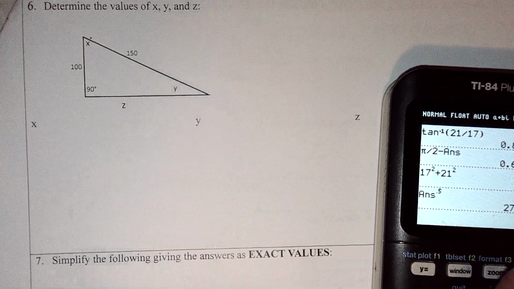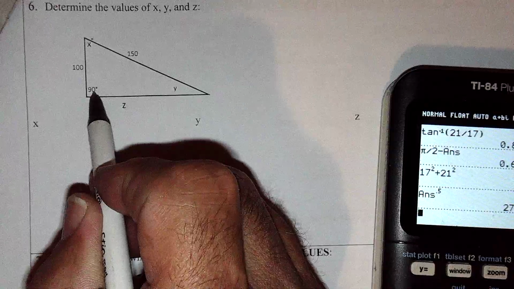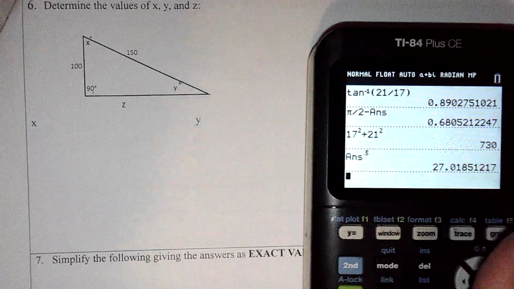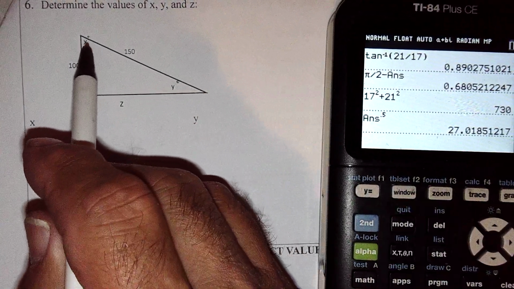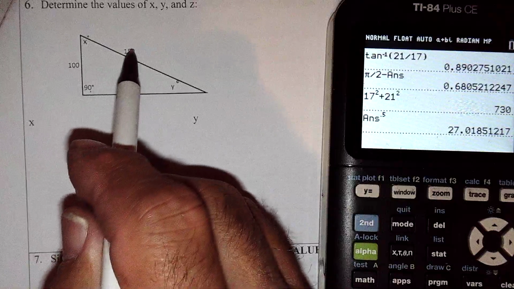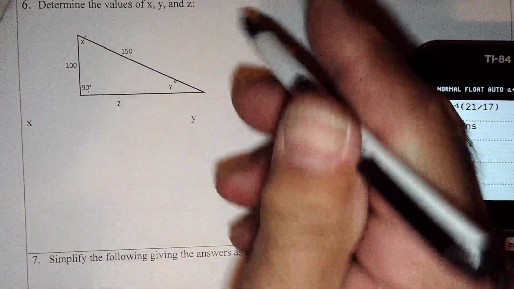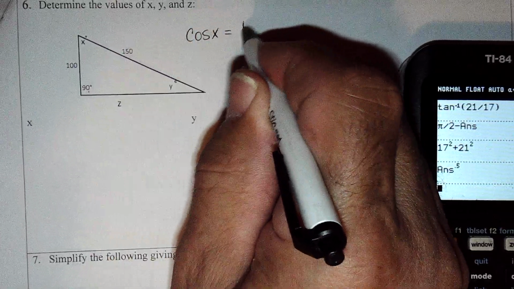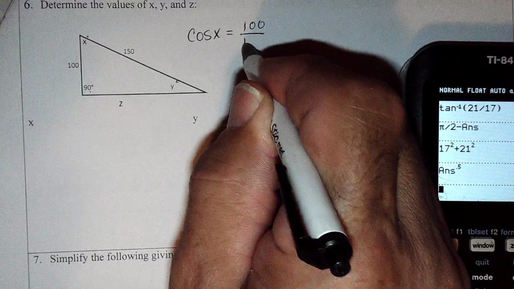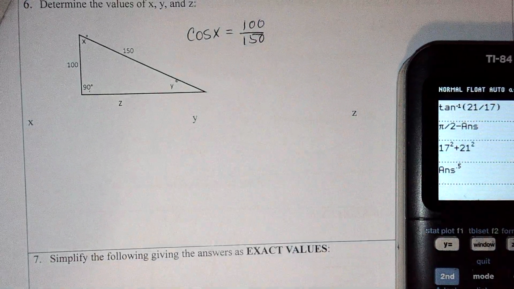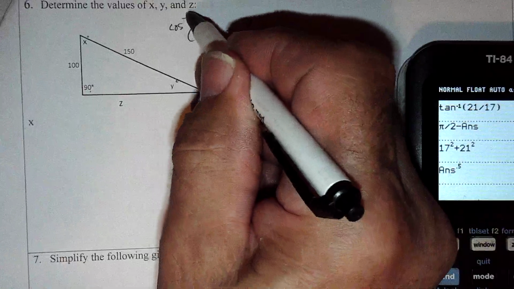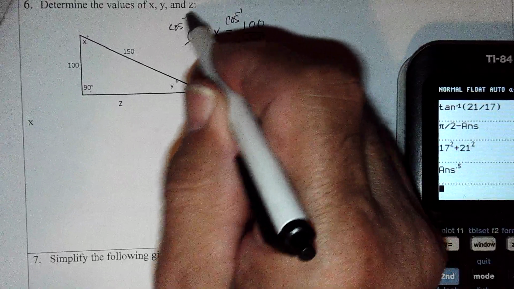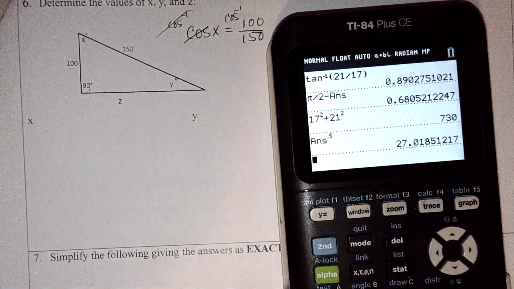Again, we don't know the angles. This is in degrees, so we'll do this one, and that says find x in degrees. Should have said y in degrees. So I'll find x. X, this is adjacent, and this is hypotenuse. So that's cosine. Cosine of x is adjacent over the hypotenuse. So I've got to do cosine inverse to get rid of the cosine and find out what x is.